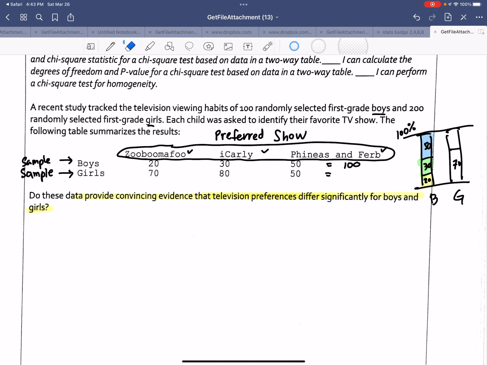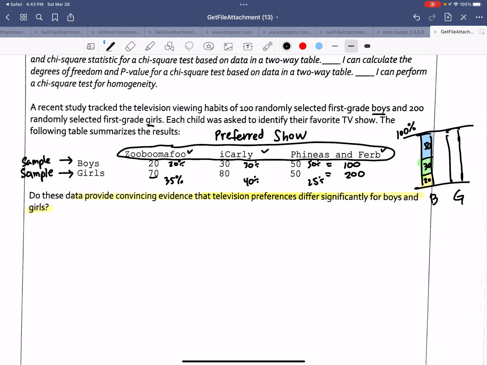So that's not a percent. In order to do a side-by-side, I have to convert. That would be 35%. It just so happens that's 20%, right? That's 30% because 30 of 100. And that's 40%, and that's 25%.